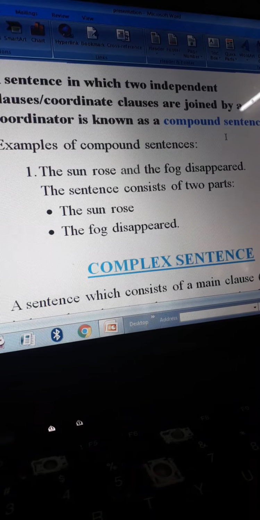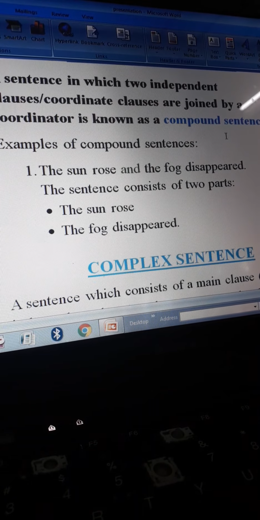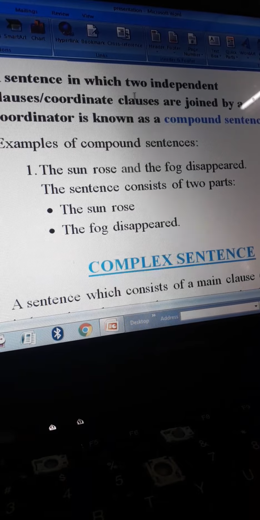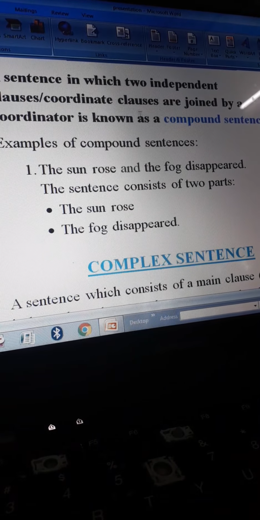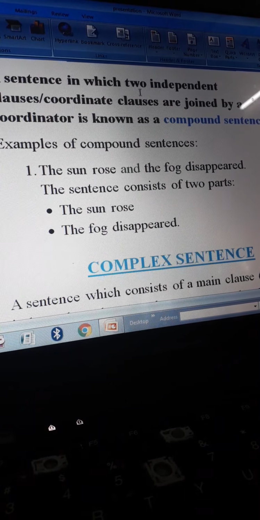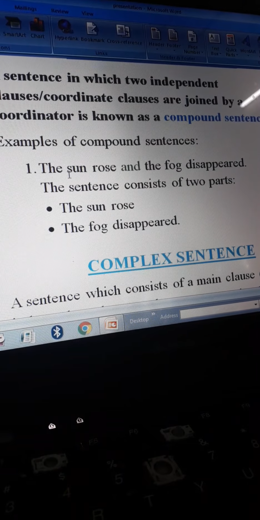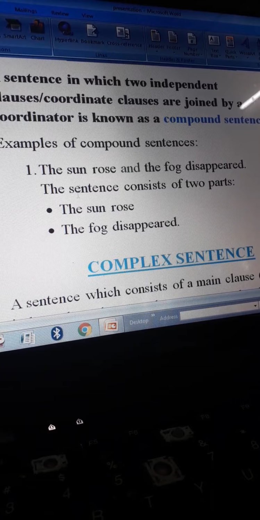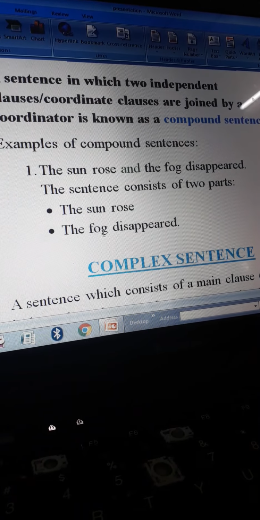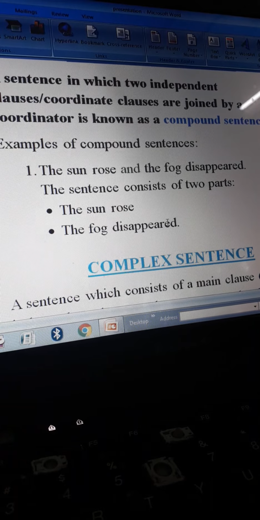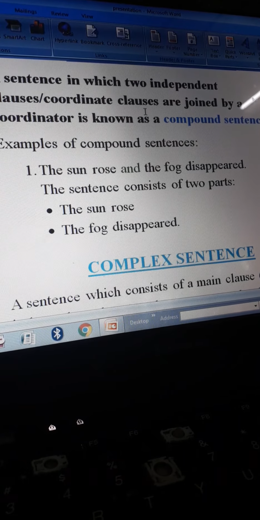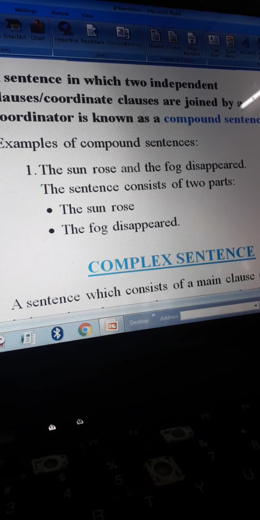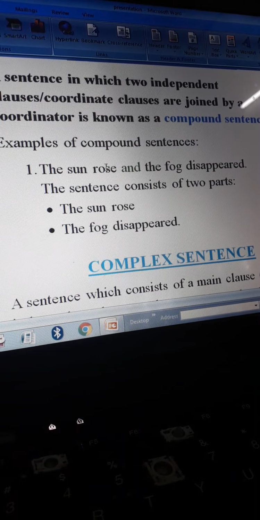Now, as you all know, what is a clause? A clause is the part of a sentence which contains a subject and a verb. Is it clear? Now here the sun is the subject and rose is the verb. The fog is the subject and disappeared is the verb. So a clause is the part of a sentence which has a subject and a verb.